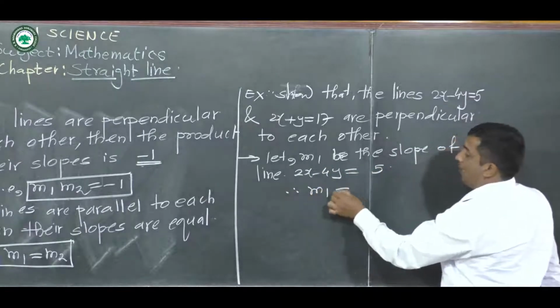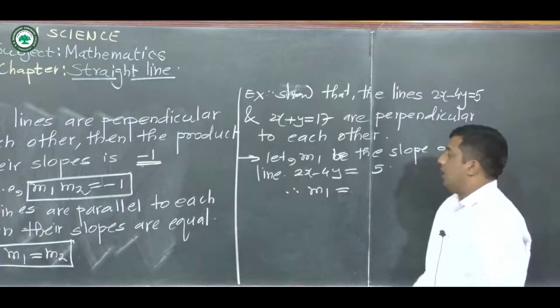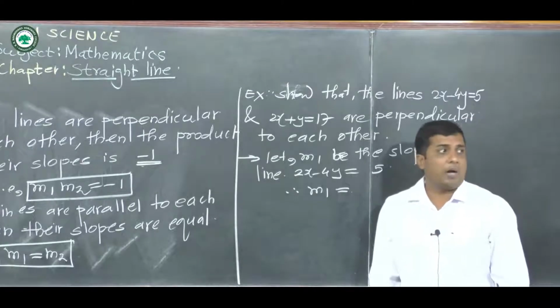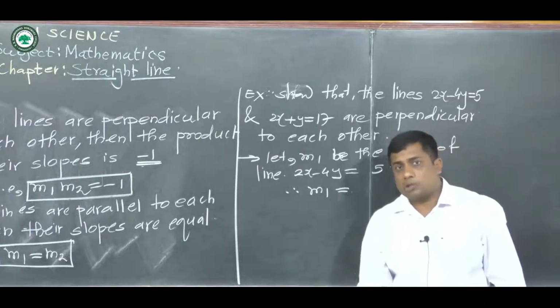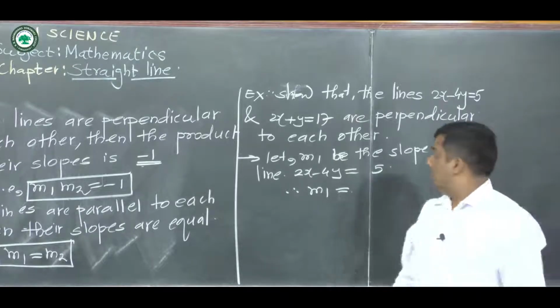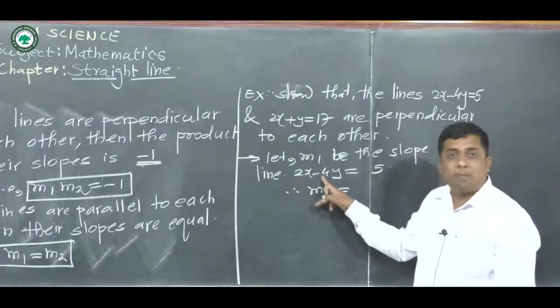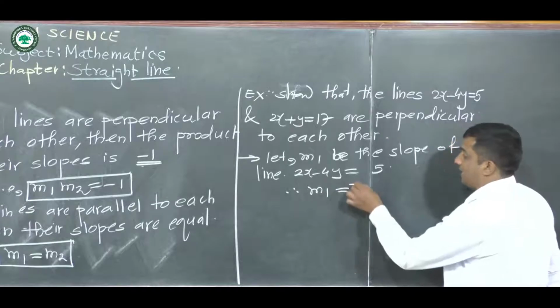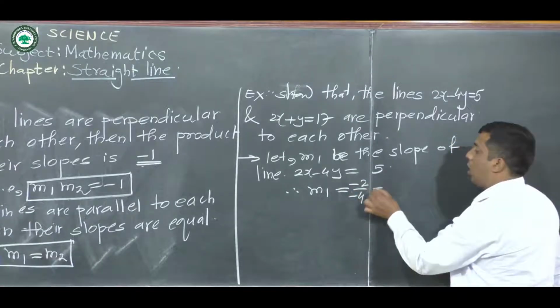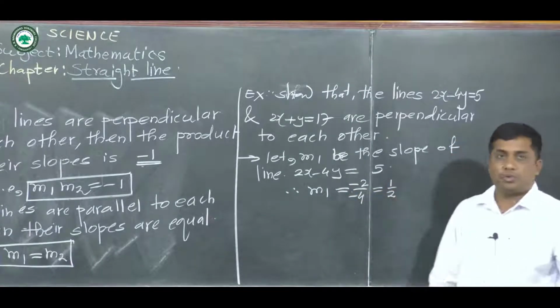Therefore m1 is equal to... We know if our equation is ax plus by plus c equal to 0, then the slope is minus a upon b. Here a is 2, b is minus 4. So m1 is minus 2 upon minus 4, and we get 1 upon 2.